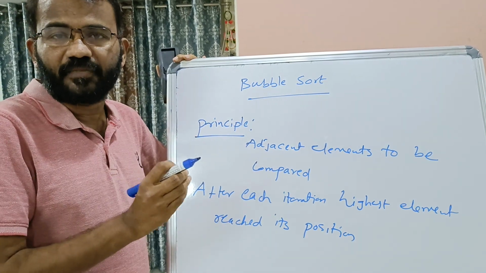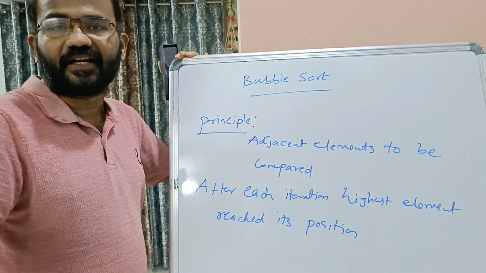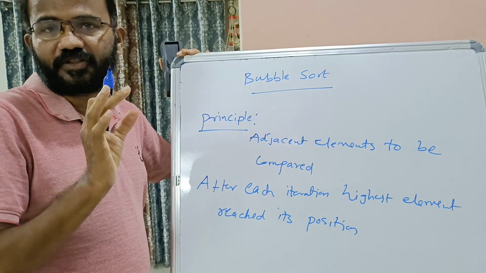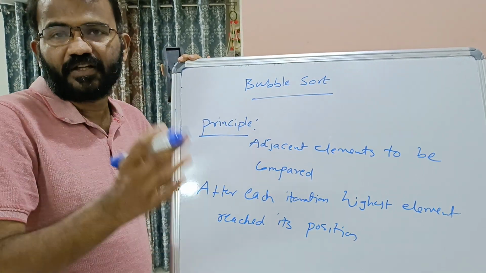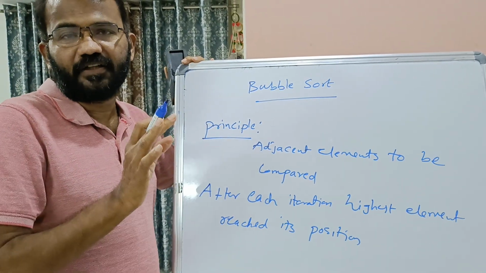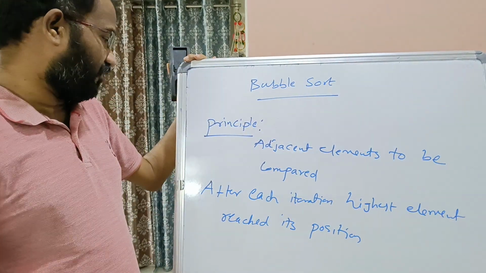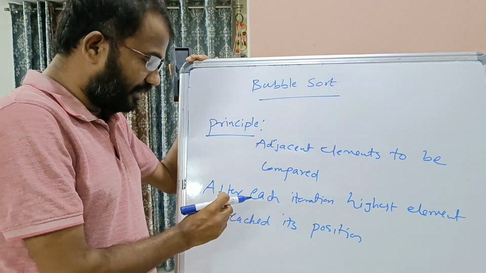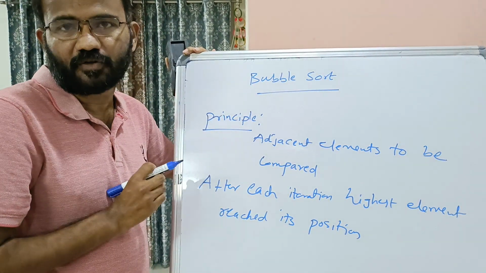After the second iteration, the second highest element reaches the second last position. This process is repeated. This is the principle of bubble sort, and this is a very important point.